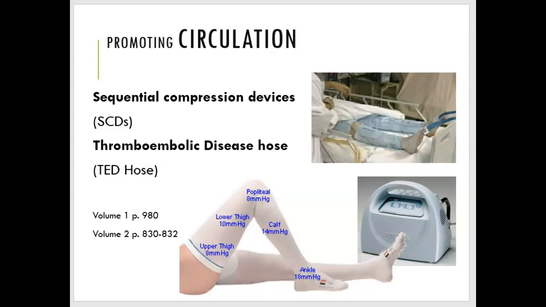How we know what size our patient needs is literally measuring with a tape measure the upper thigh, the lower thigh, the popliteal area, the calf, and the ankle, and we can determine their TED hose size.